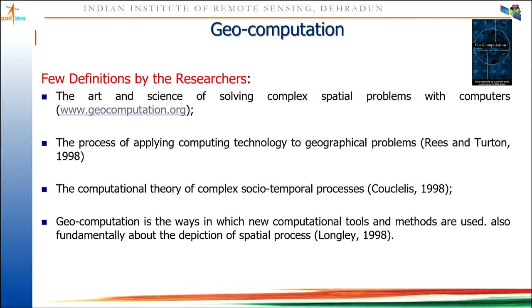That means in due course of time, the data is changing. These changes are very important to understand the patterns and trends in geography, and this kind of data you can also address by using geocomputation techniques.